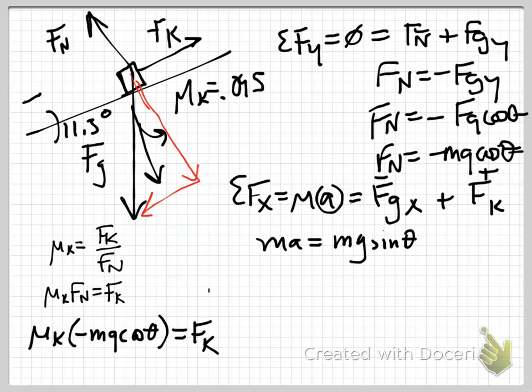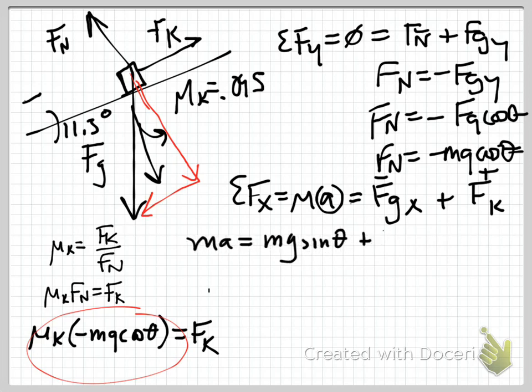And we know that Fk, we have an expression for over here, is equal to mu k times negative mg cosine theta.